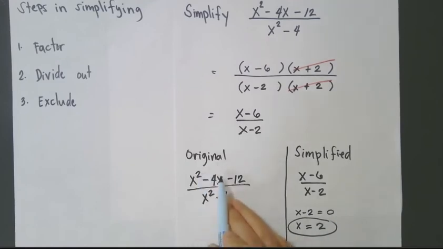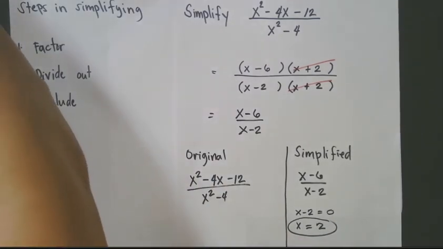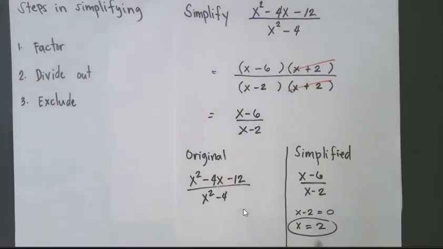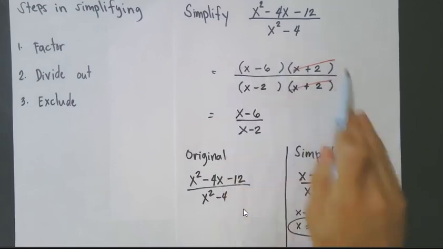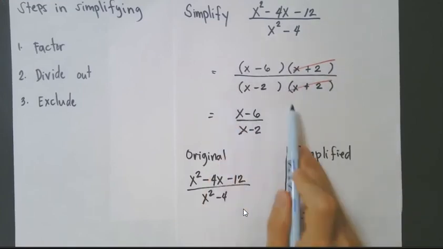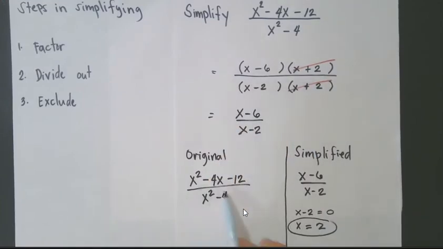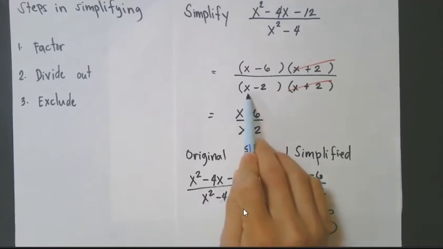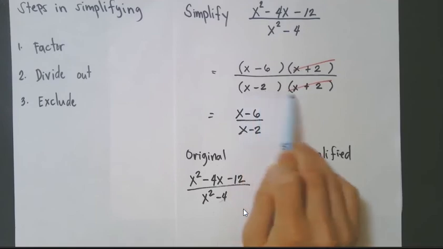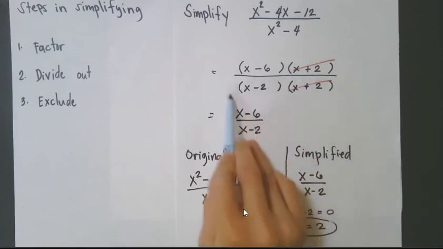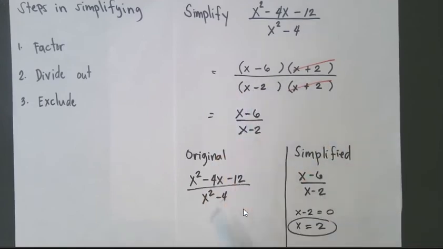Now for the original, how do you find the excluded value? To do that, you want to go to your factored form and get the denominator. The factored form of our denominator, x squared minus 4, is x minus 2 times x plus 2. So you would want to get the excluded values here.